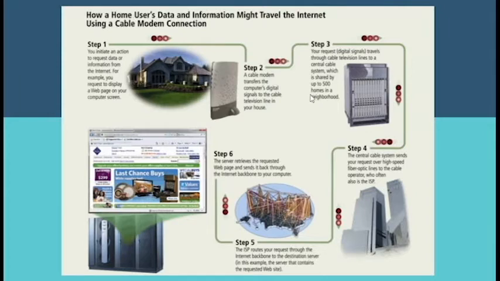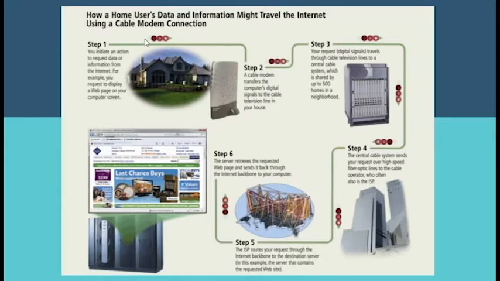Then data travels through telephone lines to a local ISP, and then data passes through routers to the regional ISP. The regional ISP uses lines to send data to a national ISP. The national ISP routers route data across the country, and then the national ISP passes data to the local ISP, and then the server sends data back to you.